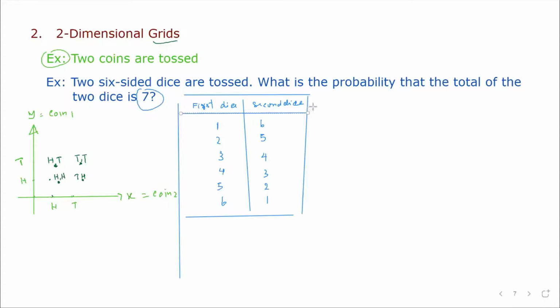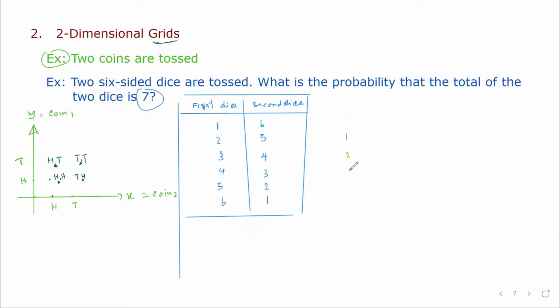But now if you want to use the grid, this is the table. So we can do it here. You can draw this one. Because I have numbers 1 to 6, right?